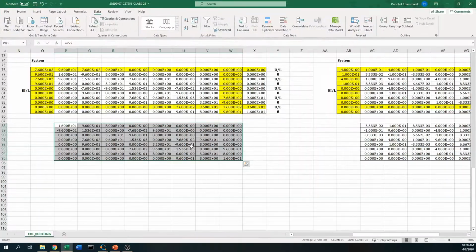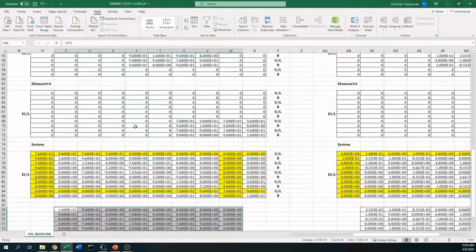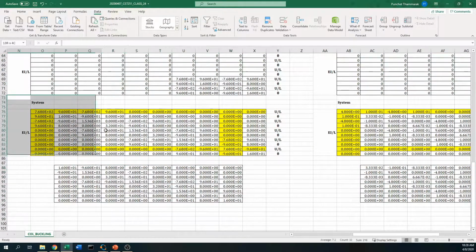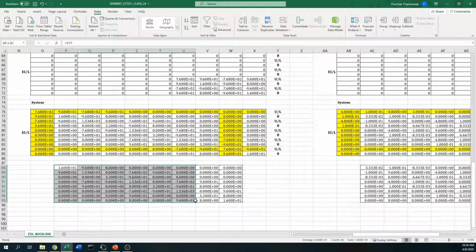This is in Microsoft Excel on both sides of the equation. I have the linear part and geometric part, and I enforce the boundary conditions and end up with only this matrix that excludes the degrees of freedom that are restrained.